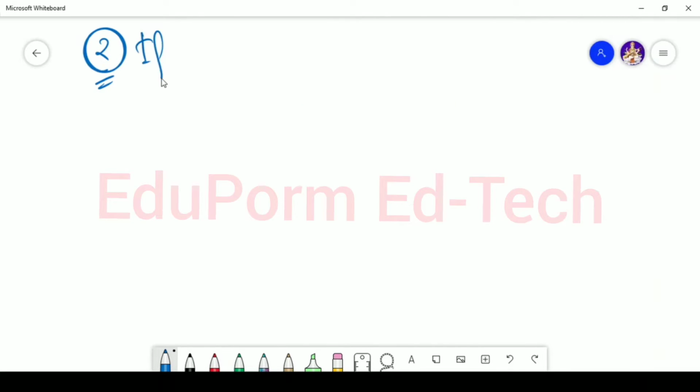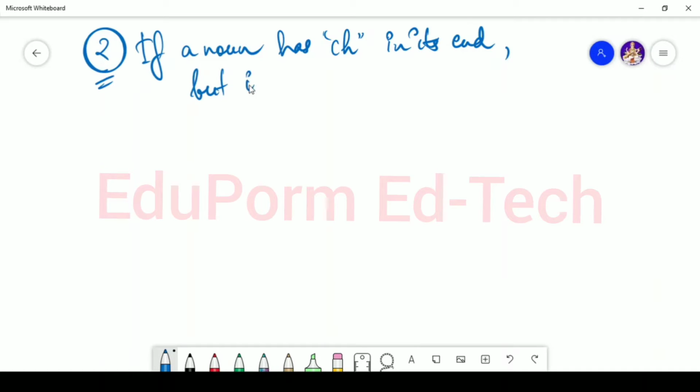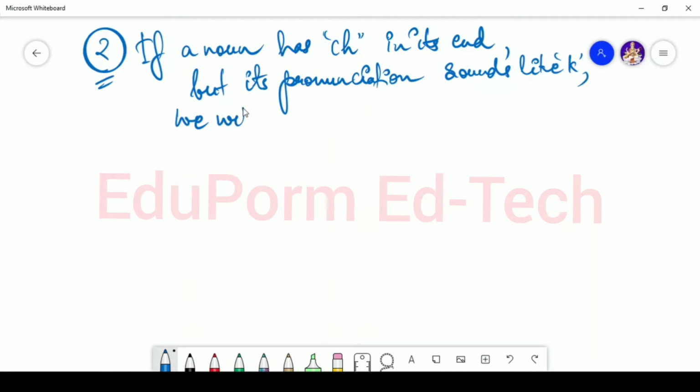The second rule says that if a noun has CH in its end, okay, if you're talking about a noun and it ends with CH, but its pronunciation sounds like K, we will use S at its end to change it in plural form.